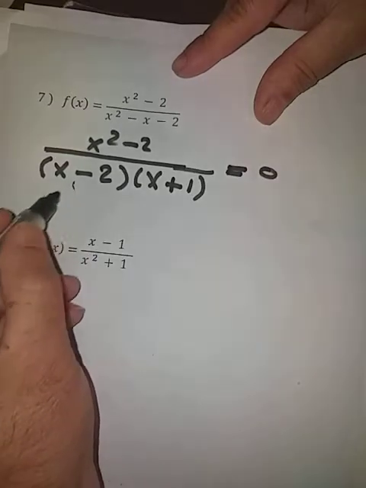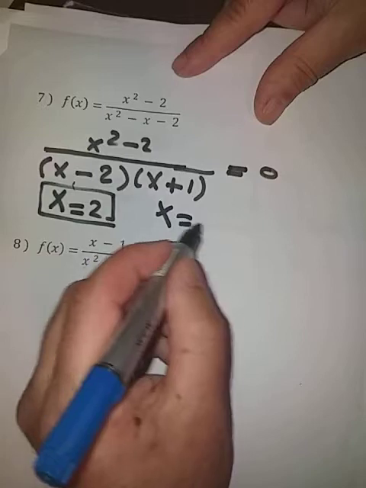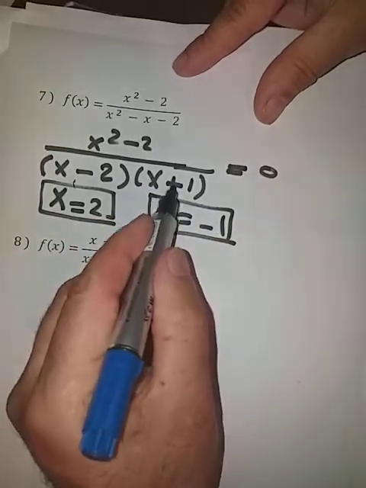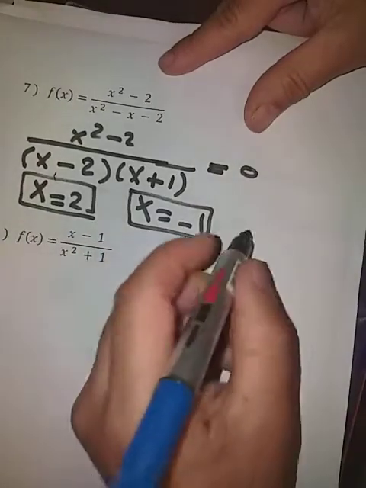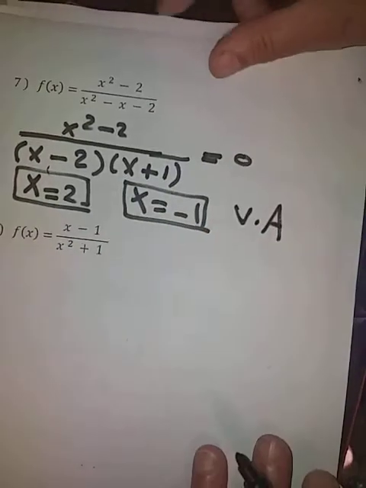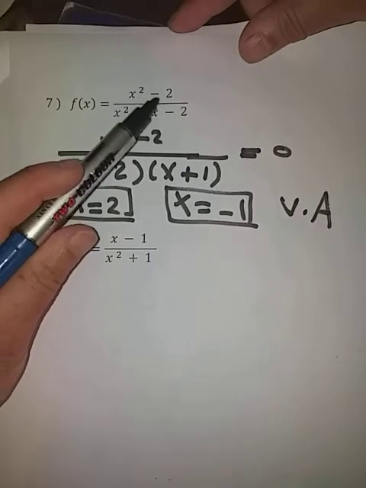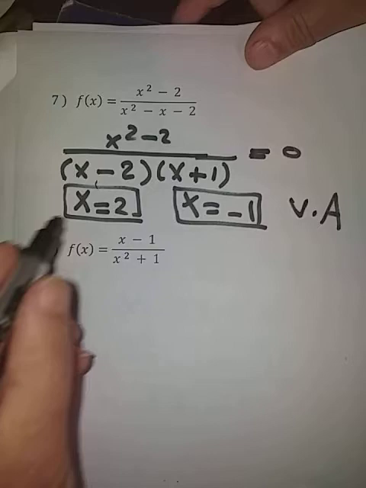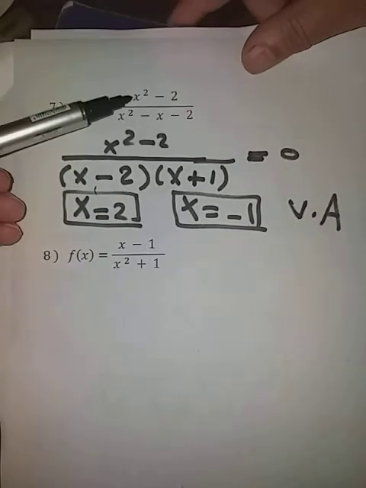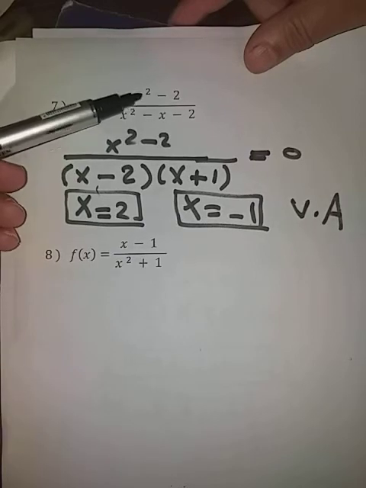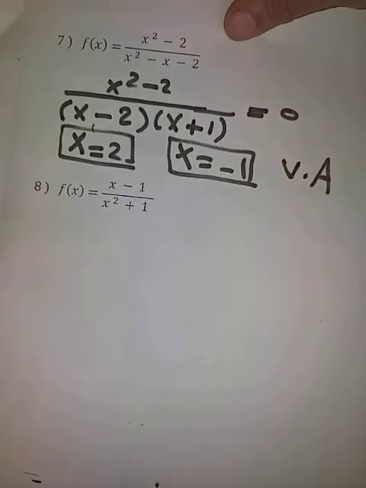Only the denominator matters. From this one, x = 2 and x = -1 are vertical asymptotes. Replace 2 in the numerator: 2² is 4, 4 - 2 is not equal to 0, so at this one it will be a number over 0. Replace x with -1 and it will be a number over 0. Then these are vertical asymptotes. This function has vertical asymptotes.